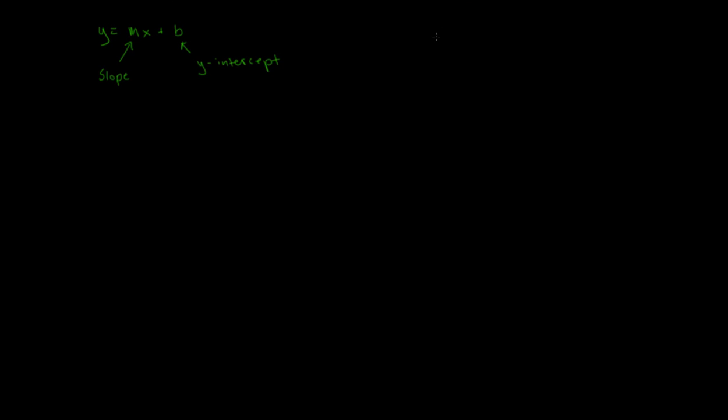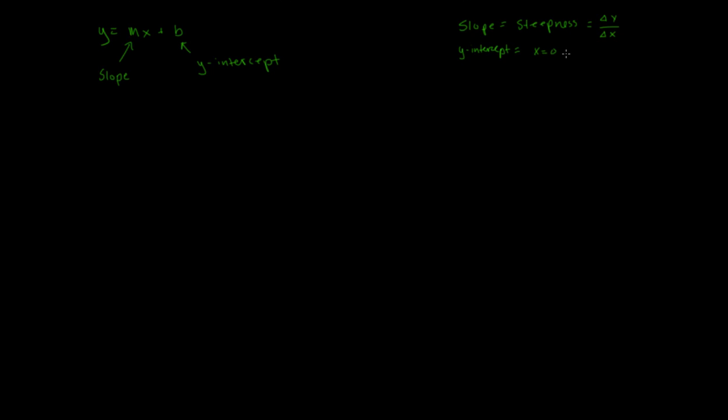Okay, so slope is steepness. Just to recap, slope is steepness, and it's more accurately described as the change in y over the change in x. Remember delta, this little triangle, means change. And then you also have the y-intercept, which again is that b, and that tells you essentially where x is equal to 0.